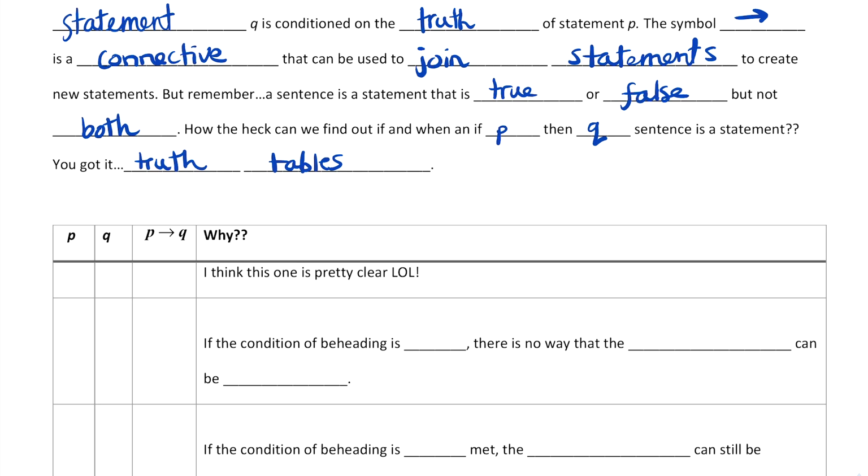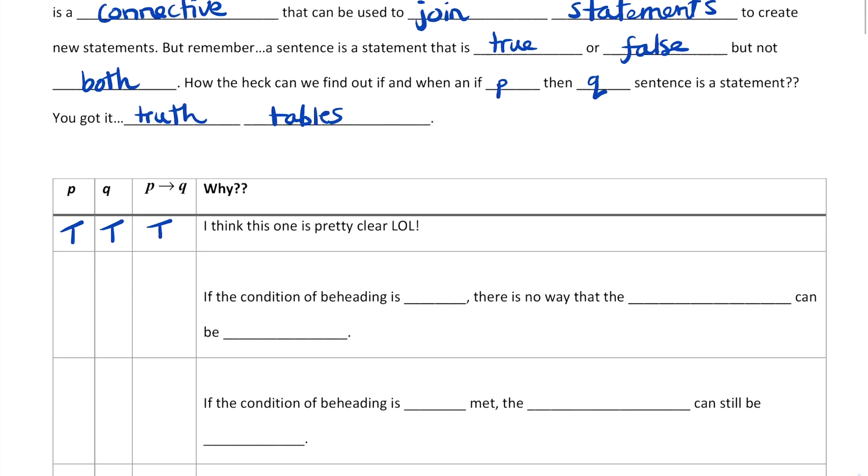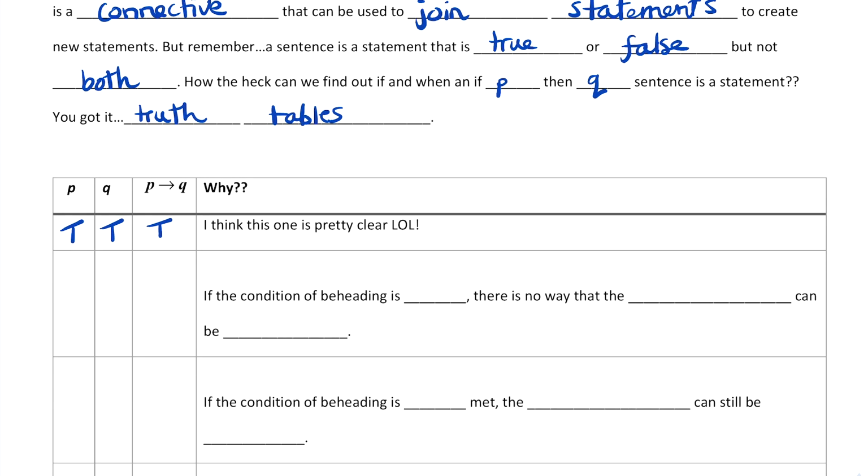Q represents Shannon will die. So, our hypothesis of the conditional is true, and our conclusion is true. And this one is pretty clear to see. If I'm walking around without a head, I'm not going to live long.